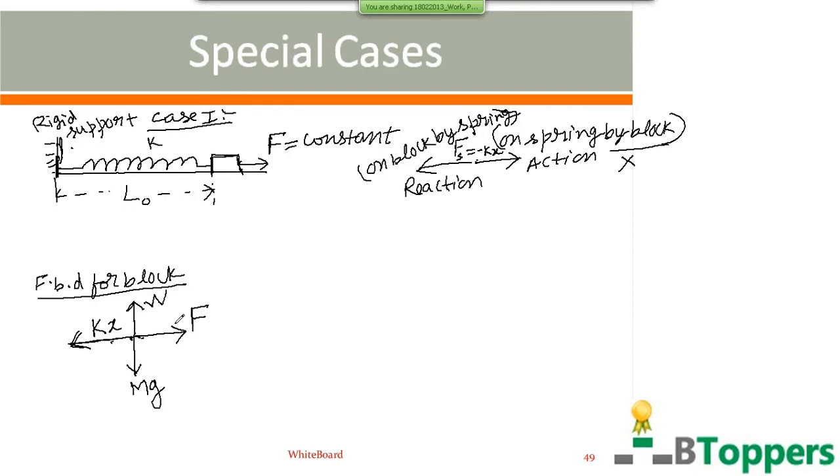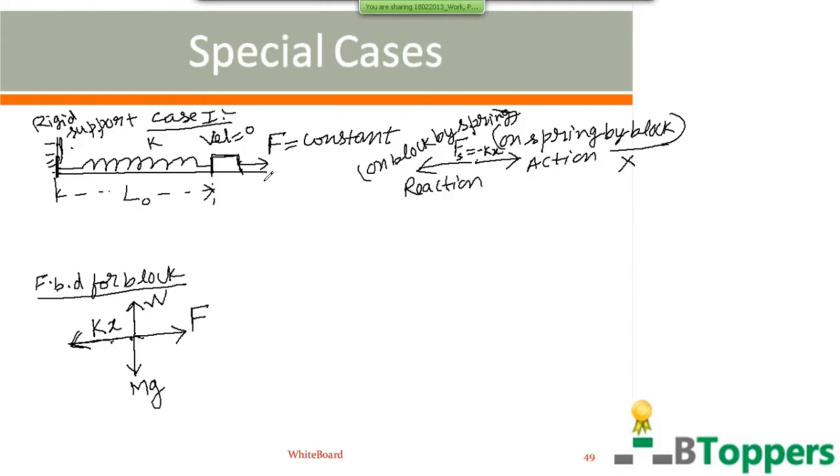Now see here, how does the velocity of the block change during subsequent motion? Let us suppose the block is initially at rest and the spring is initially in the unstrained state. That means the spring initially has natural length L0.